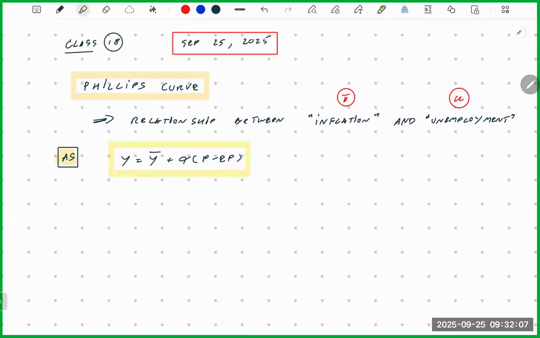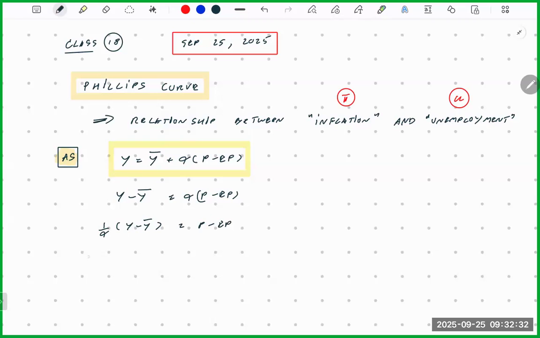Then I'm going to rearrange the equation a little bit. y minus y bar equal to alpha (P minus EP). Just moving y bar to the left, and then divide the whole equation by alpha. 1 over alpha (y minus y bar) equal to P minus EP.